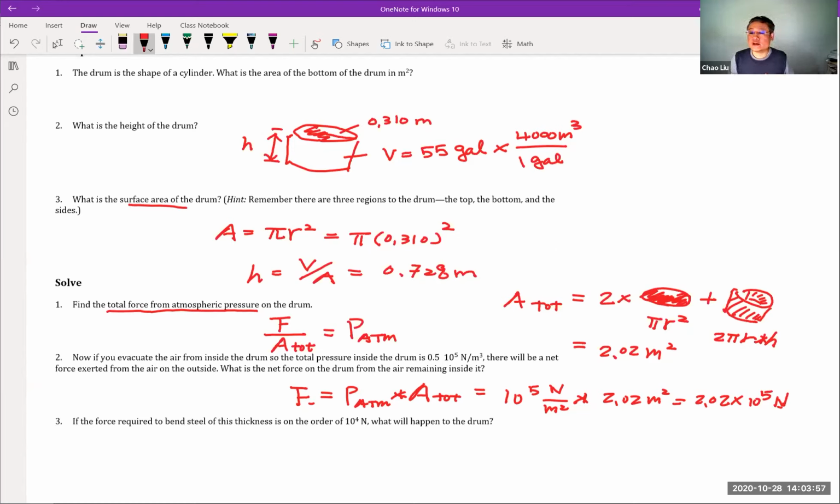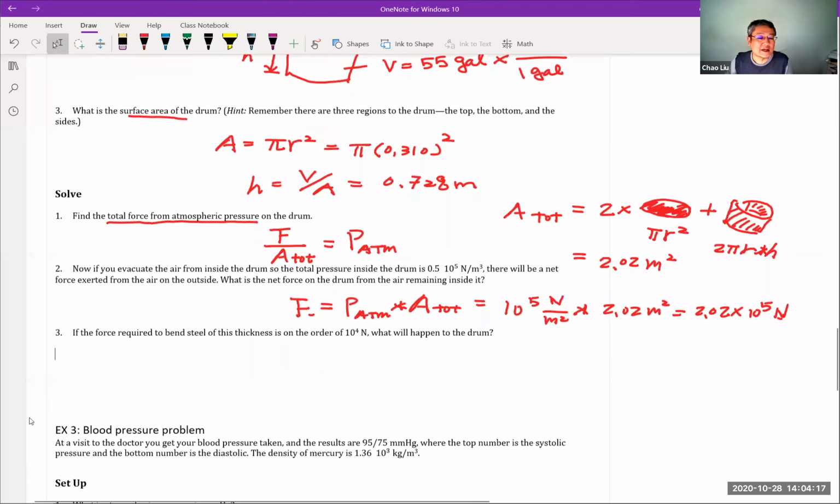If you want to crush this, you have to provide a force in the other direction, the force that pushes it outwards. So what is the inside force? The inside force that pushes to the outside is the pressure inside times the total area.